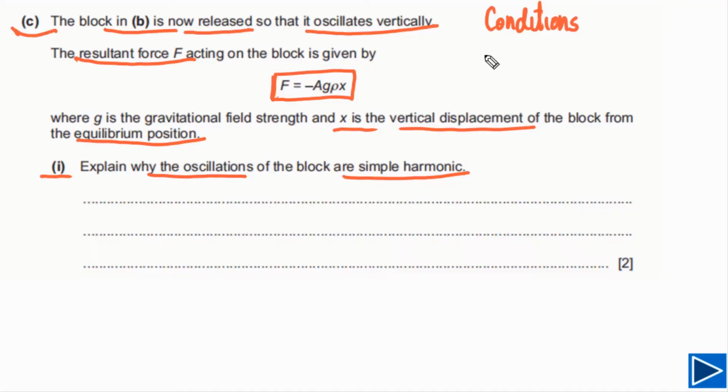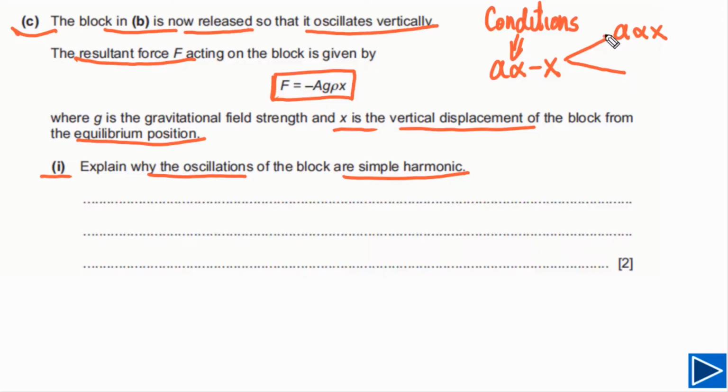Any object, if it is oscillating and does simple harmonic motion, then it has to obey a is directly proportional to negative x. Mean acceleration has to be directly proportional to x. So we can write down here, first condition is that a has to be directly proportional to displacement.